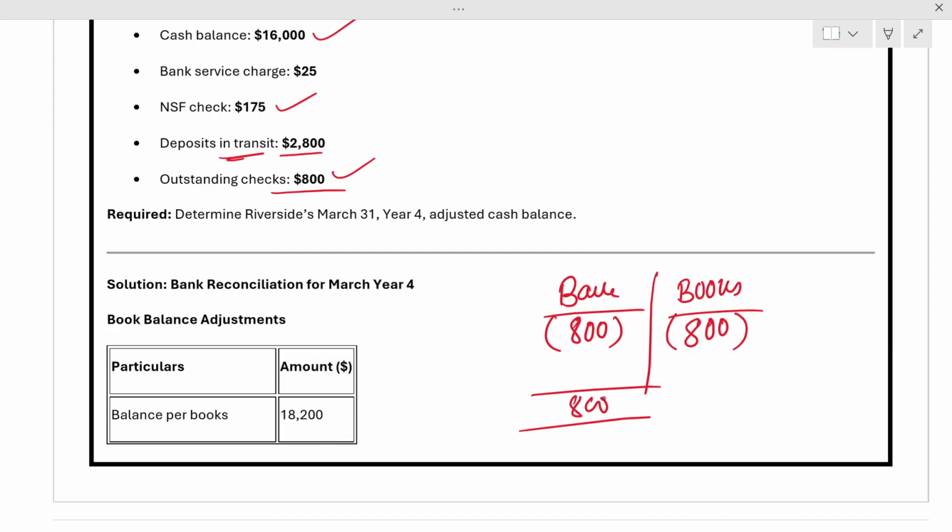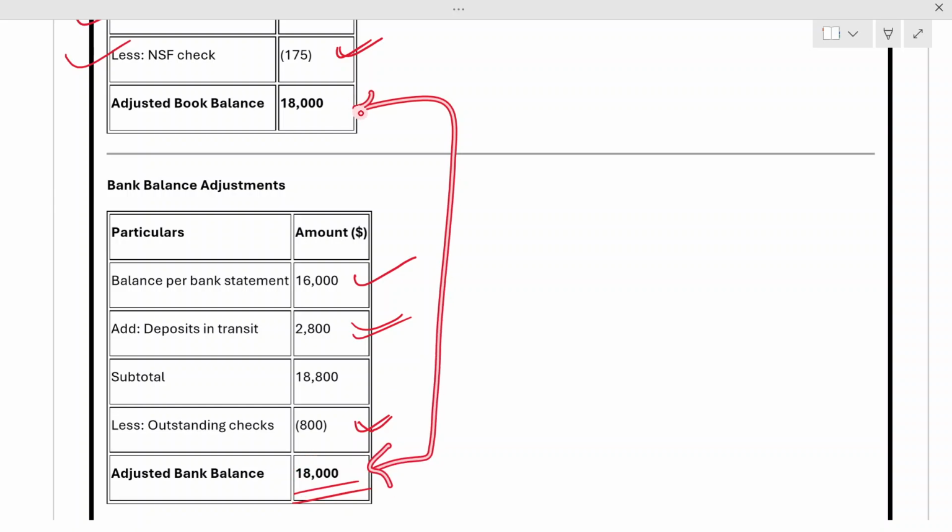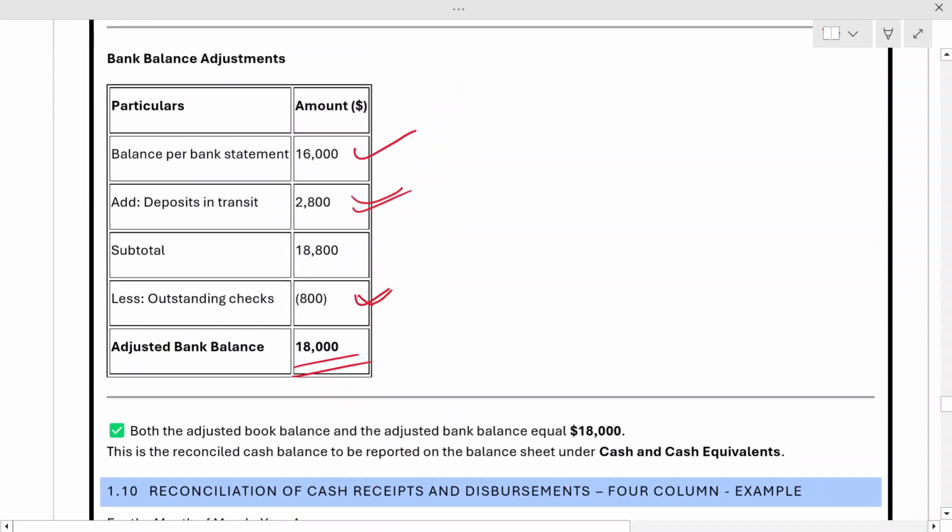So both of these numbers match with each other, and you need to reduce this 800 from here as well. Once you do that, you get the adjusted bank balance of $18,000, which matches your adjusted book balance, and this is the number which needs to be shown in our books of accounts.